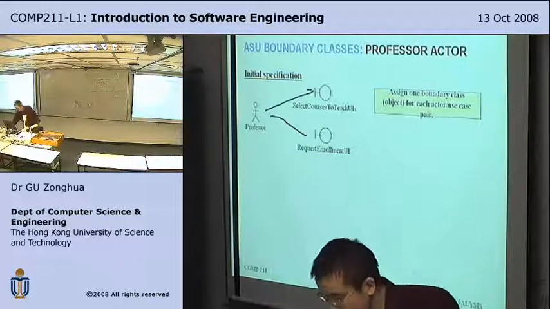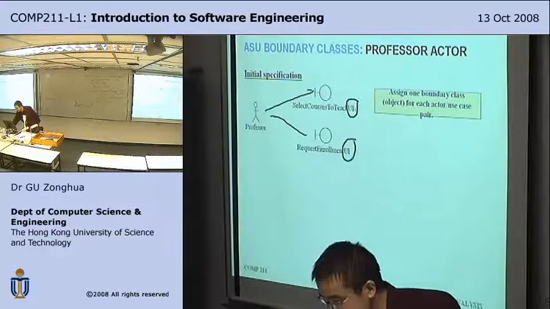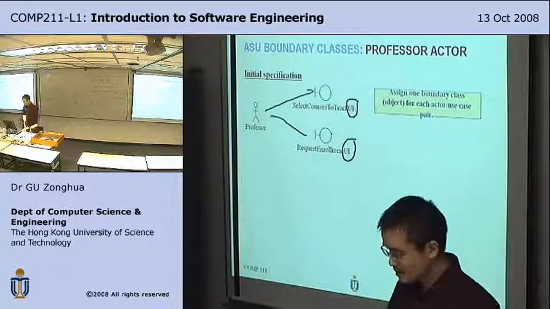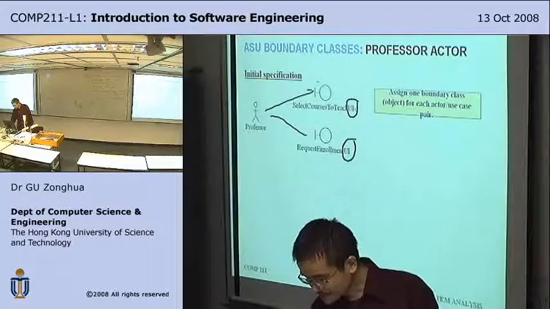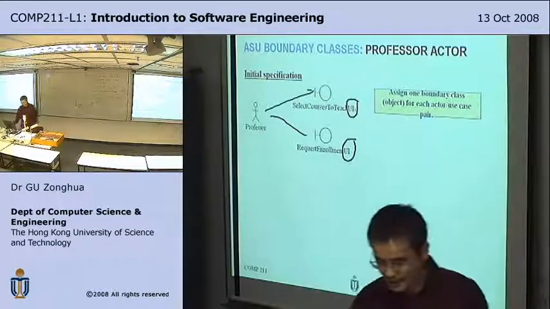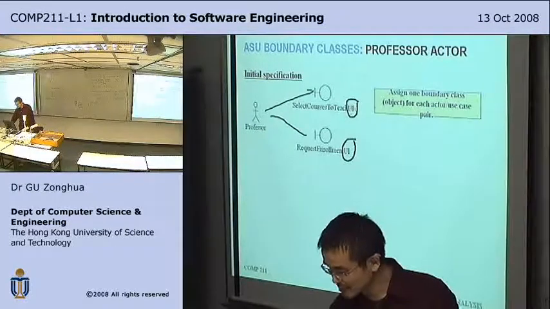So you just attach the word UI at the end. Select courses to teach UI is the name of the boundary class representing the interface to the select courses to teach use case.